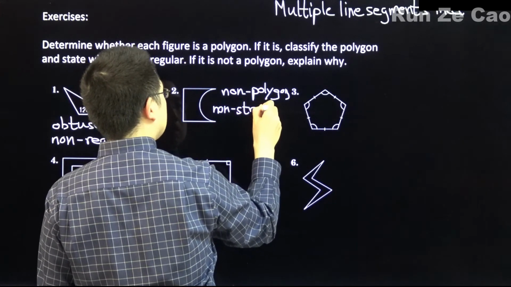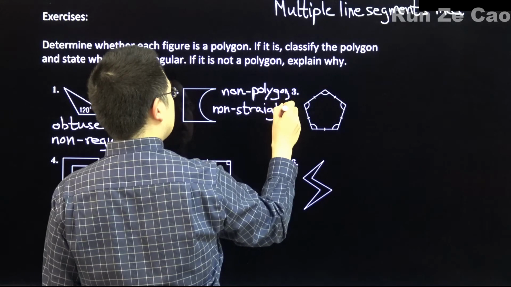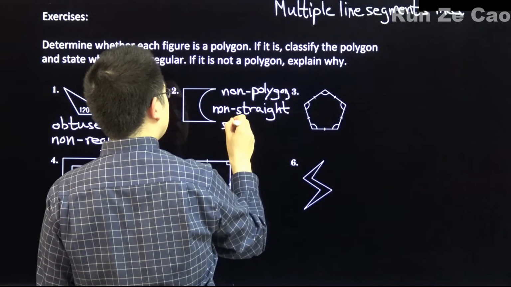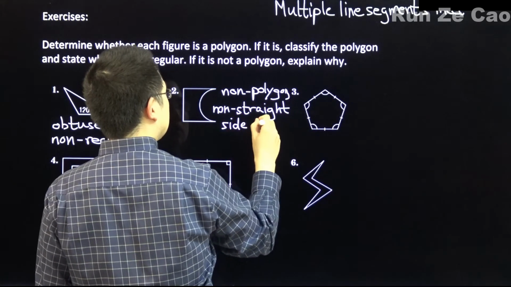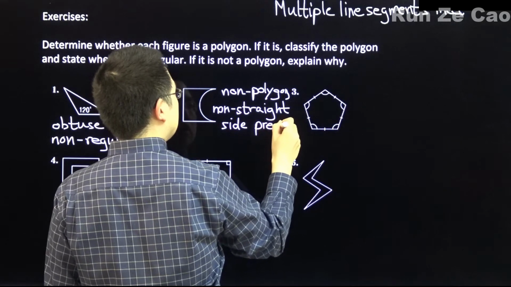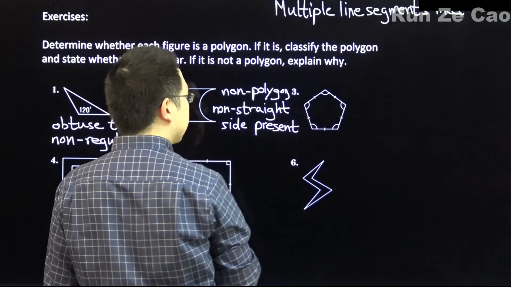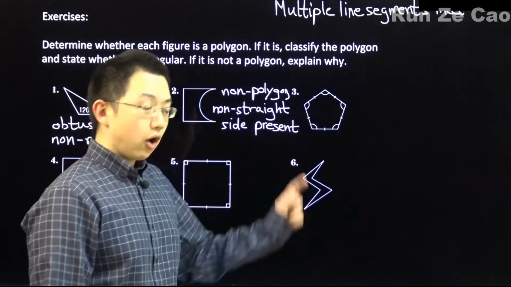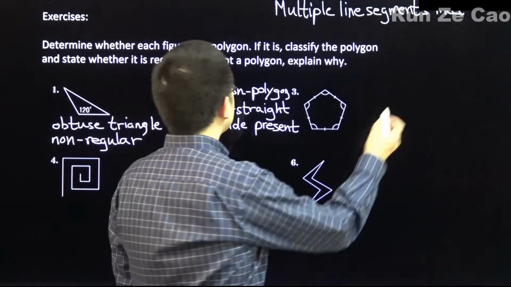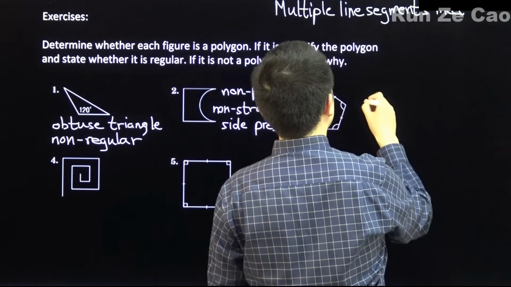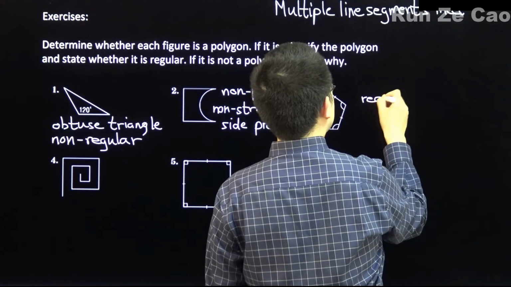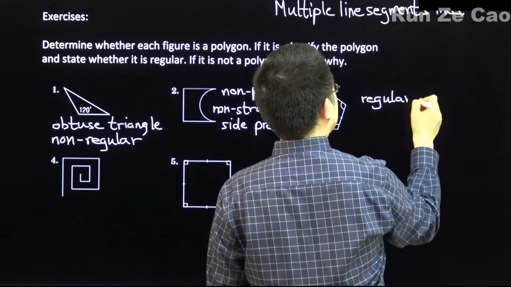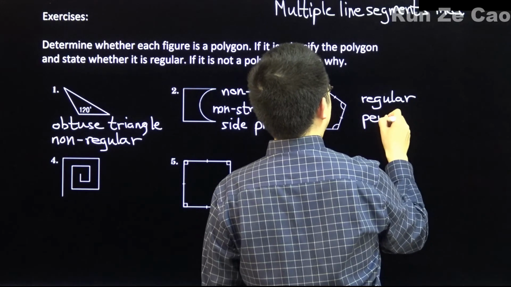Non-straight side present. Okay, this one is a pentagon with all the angles equal and all the sides equal. So this is a regular pentagon.